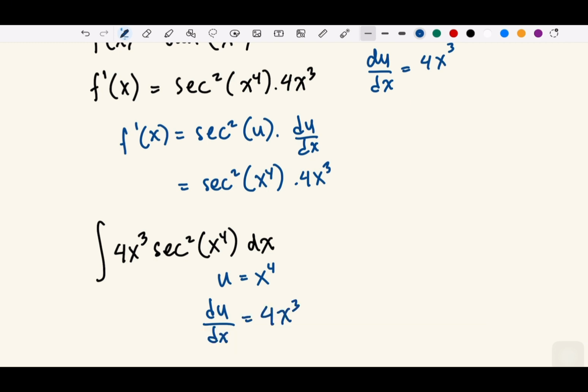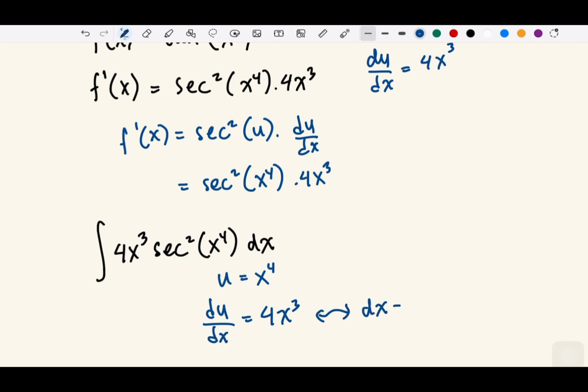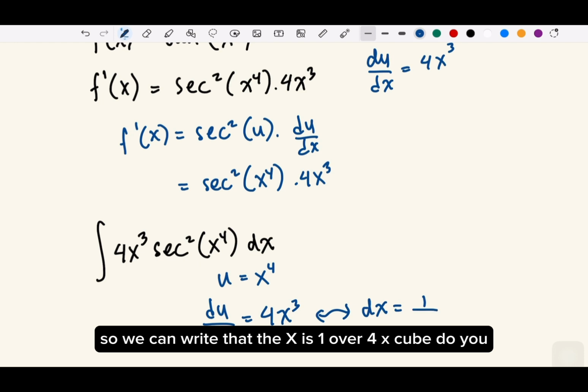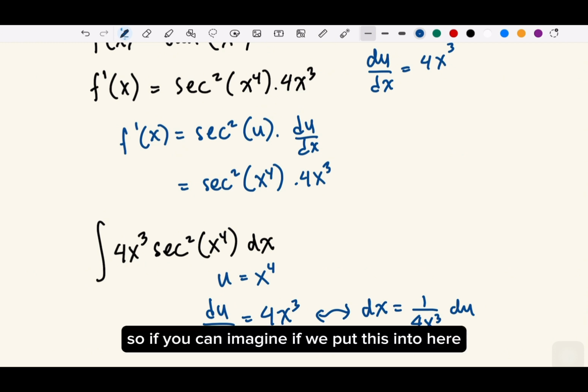And we can exchange this and make it into dx. So we can write that dx is 1 over 4x cubed du. Now, you see that this dx is here. So if you can imagine, if we put this into here, this 1 over 4x cubed will cancel this. Okay? So that's actually the basic principle.